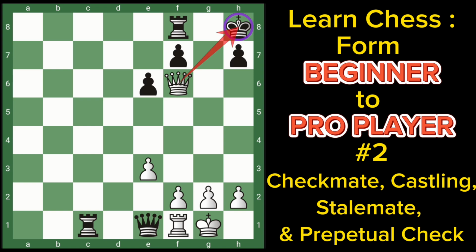Frequently the 3-time repetition of a position arises as a result of perpetual check, i.e., a series of checks following one after another from which the opposing king cannot escape. From the diagrammed position there followed King g8, Queen g5, check. King h8, Queen f6, check.